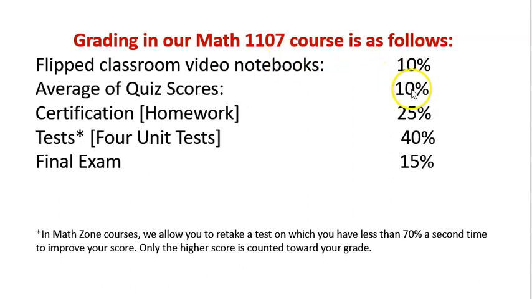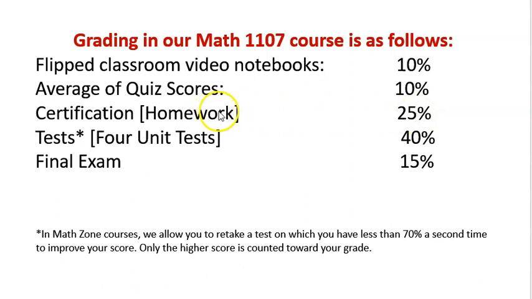That's 10%. Then your certification that we've just spoke of, which part of it will be done during our class and part will be done that you haven't finished after class, is 25%. That's a quarter of your notebook. And getting it done by the due date gives you the full credit for this.